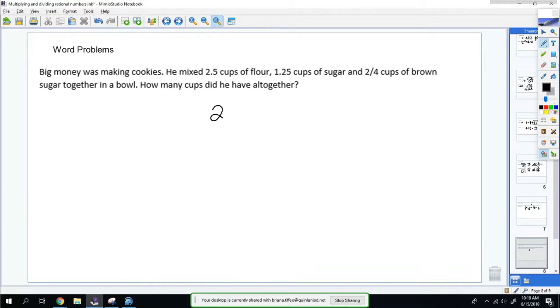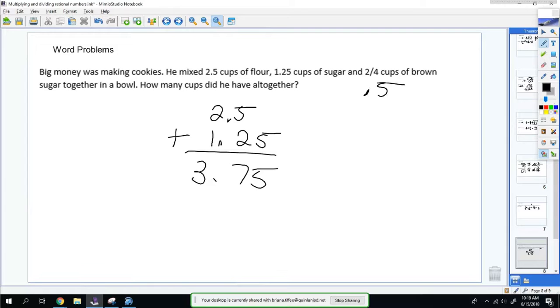So you do 2.5 plus 1.25, and you get 3.75. And then 2/4 is just 0.5, plus 0.5 would be 4.25.